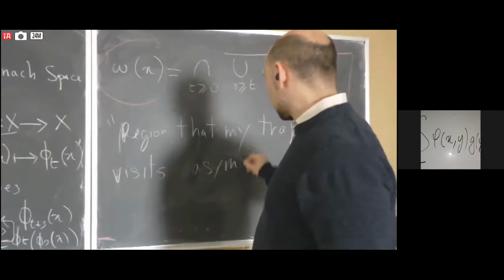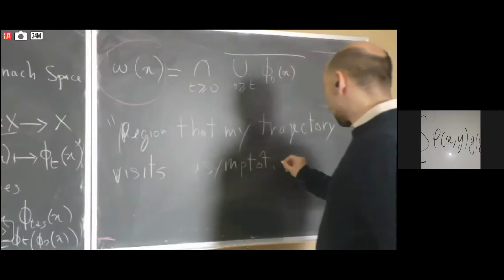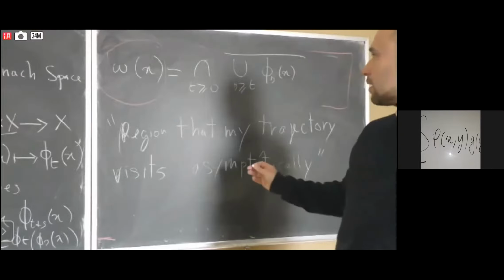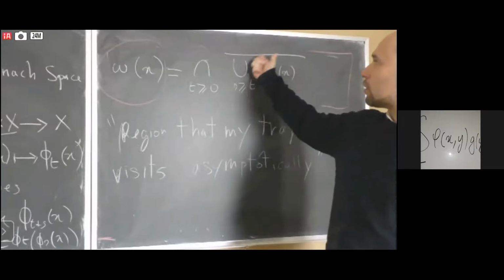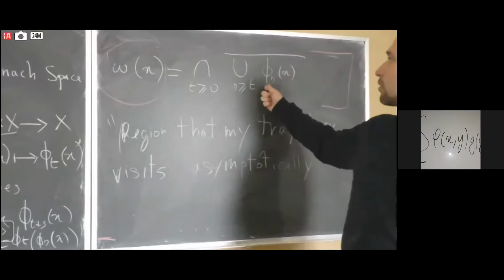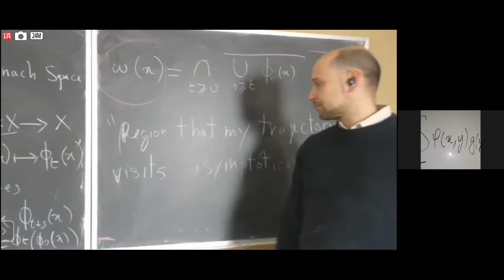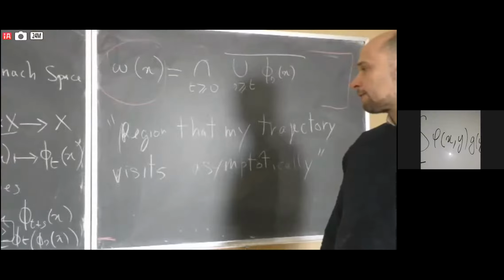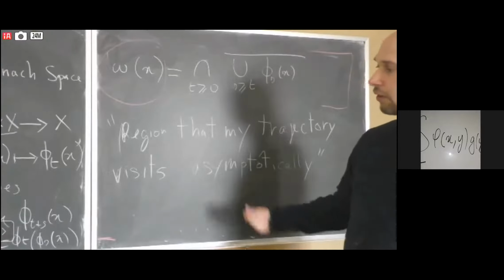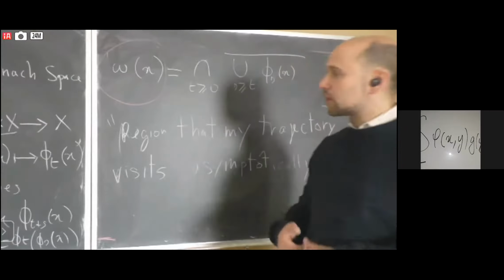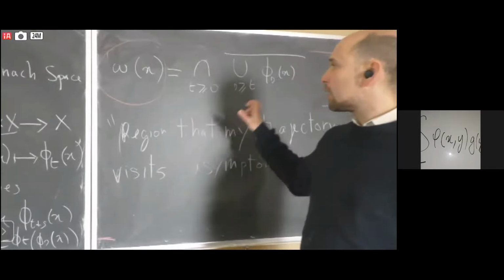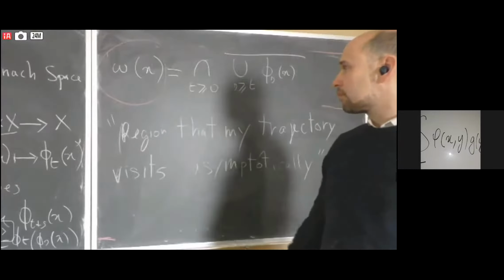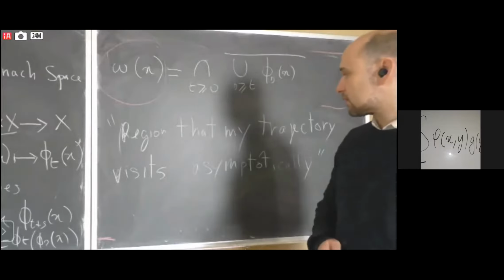And when I say visit, because I have the closure, it is my closure visit. This is very important because when you consider a dynamical system, this is what you see for large t. Every other thing disappears.